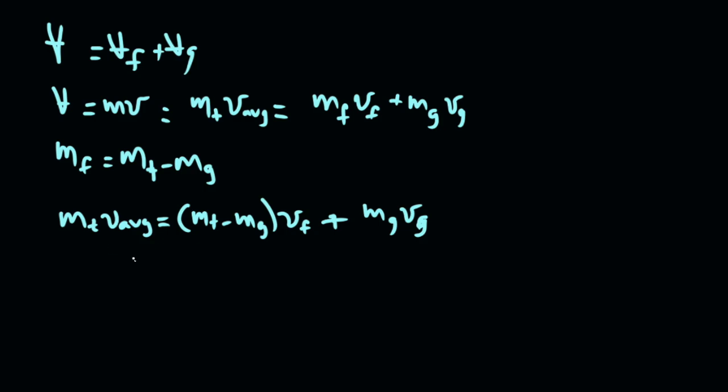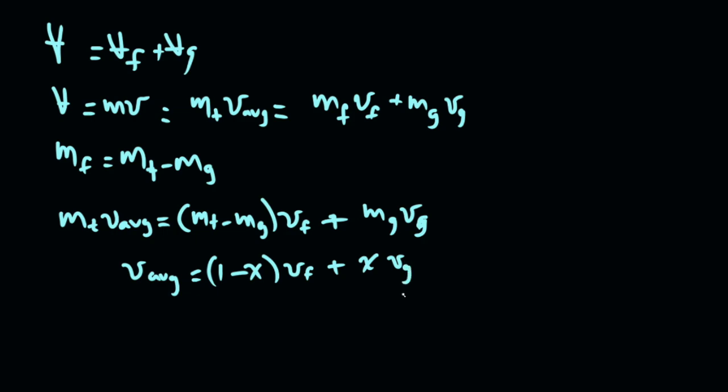If we divide both sides by m_t, we have the specific volume of the mixture, which we call V sub average, equal to (1 minus x) times V sub f plus x V sub g.